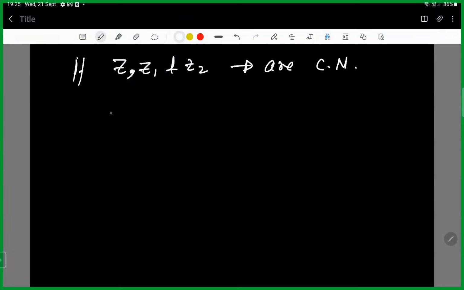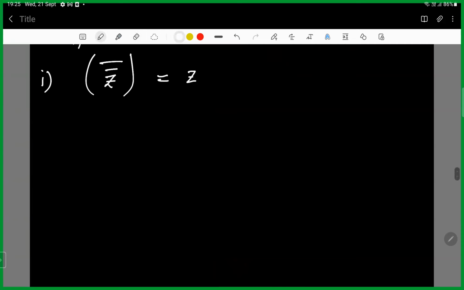Then what will this be? Anyone? This is the conjugate of the conjugate of z. First property. The conjugate of the conjugate will be z itself. You can write z as you want. I write like this, so no comments.